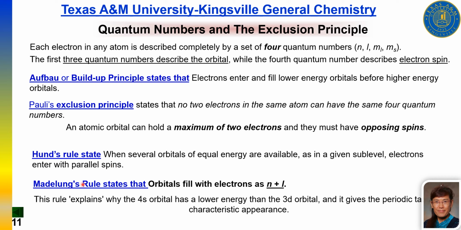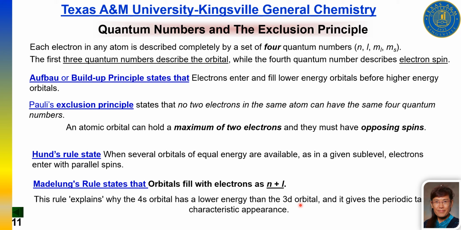The last rule is called Madelung's rule. Madelung's rule is also called the N plus L rule. This rule states the 4s orbital has lower energy than 3d orbital.